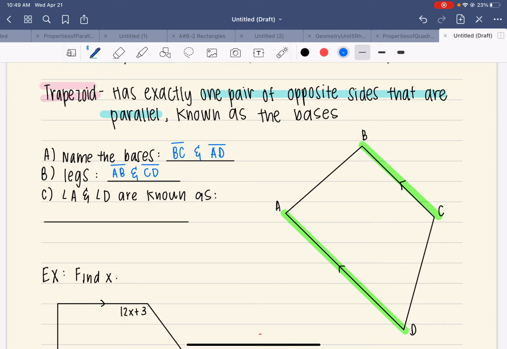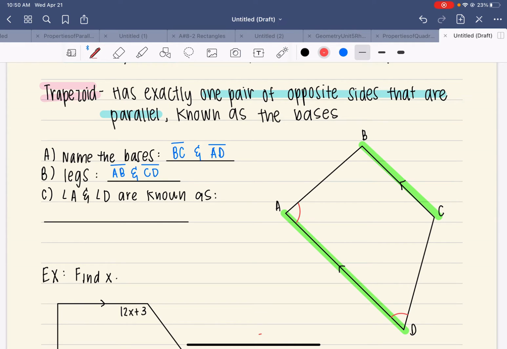Okay. So the next question states A and D are known as what? So A and D, they both belong to the same side. So whether that side is a leg or whether that side is a base will determine what we call those if it belongs to the same line, okay? So A and D, because they belong to a parallel line, they belong to this line.